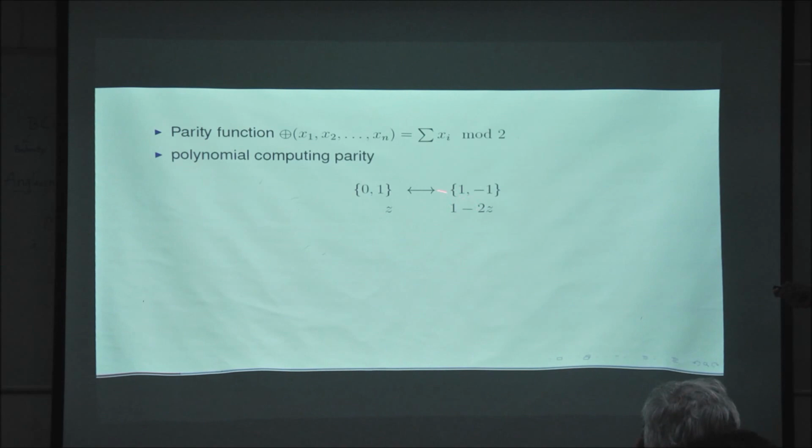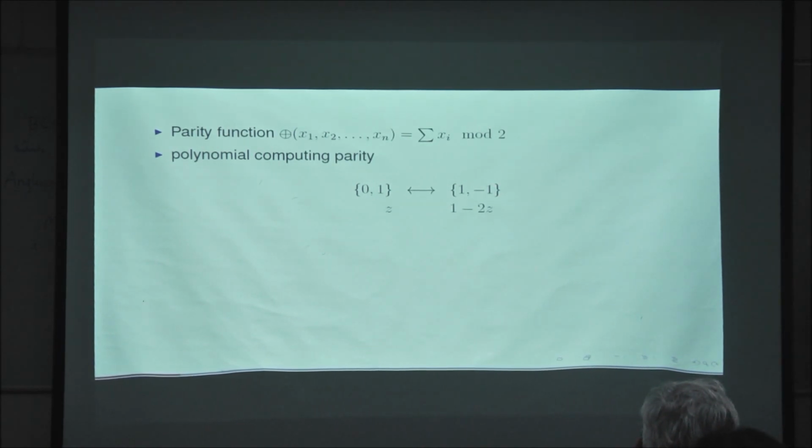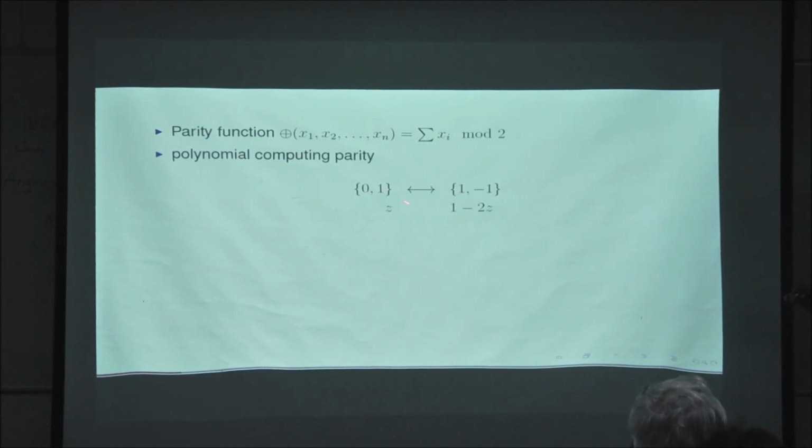The advantage to doing this is that adding bits modulo 2 is equivalent, in some very intuitive sense, to multiplying ones and minus ones. If I add 3 ones modulo 2, I get 1. Similarly, if I multiply 3 minus ones in the real numbers, I get minus 1. So if I make 0 correspond to 1 and 1 correspond to minus 1, addition modulo 2 over 0, 1 becomes multiplication of ones and minus ones.